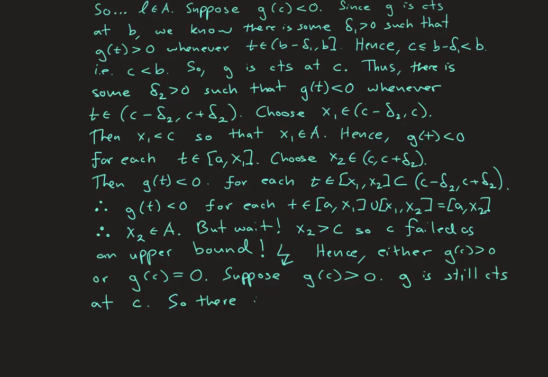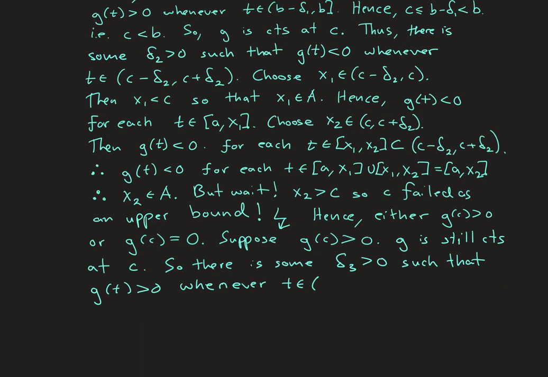So there is some delta bubble we can make, such that g is positive over that delta bubble. So we've got c minus delta sub 3 to c plus delta sub 3.